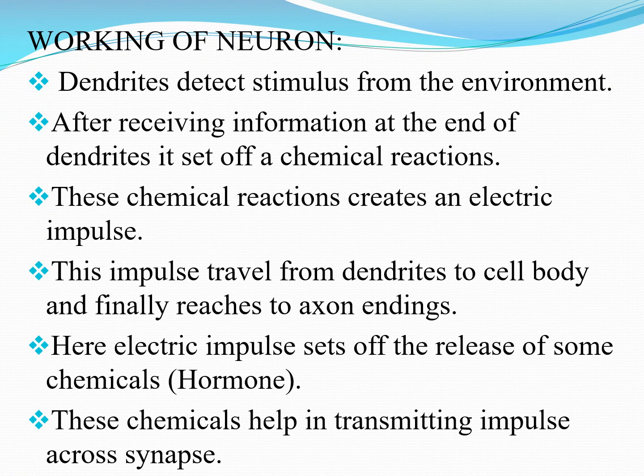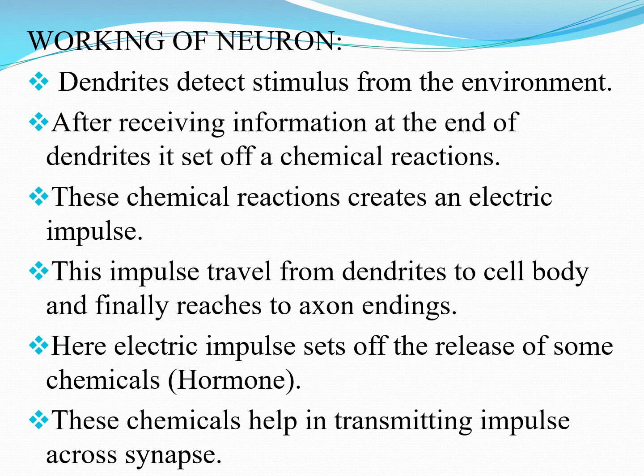Working of neuron. Already I told you, dendrites first detect the stimulus from the environment. After receiving the information, at the end of the dendrite it sets off a chemical reaction. So the impulses are converted to what? Chemical reactions. These chemical reactions create an electric impulse.